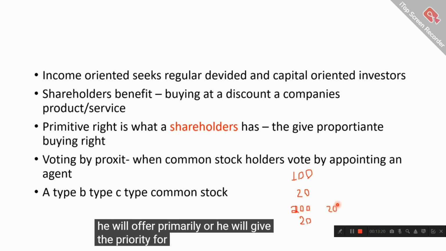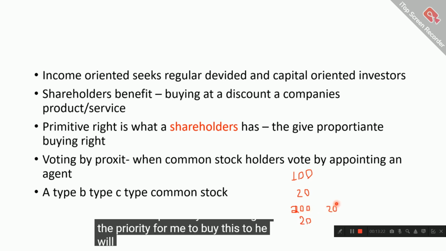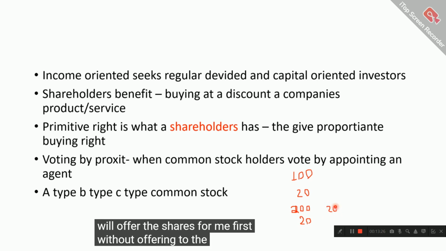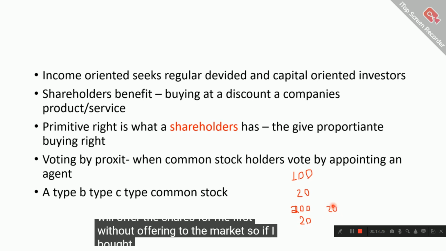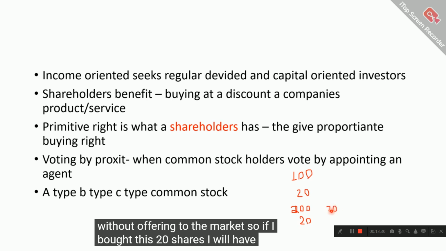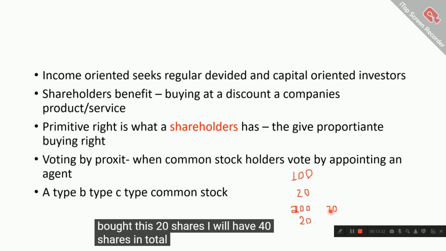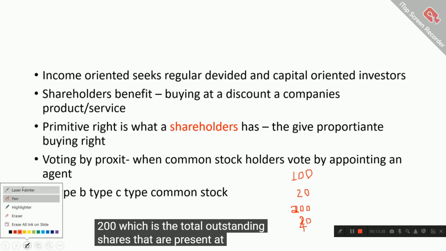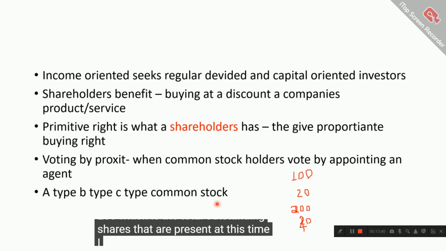If I buy these 20 shares, I will have 40 shares in total. So 40 divided by 200, the total outstanding shares at this time, I still maintain 20%. This is what the company should do to prevent my voting right from declining.